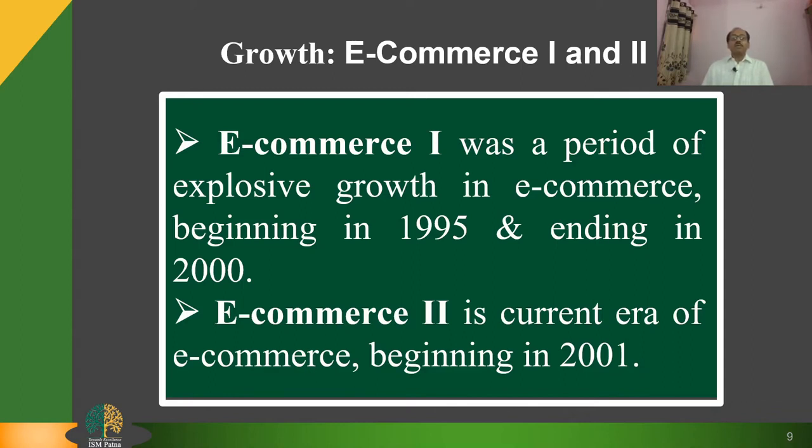So, the growth has been classified as e-commerce 1 and e-commerce 2. The period between 1995 to 2000 is termed as e-commerce 1, and afterwards, from 2001, it is termed as e-commerce 2.